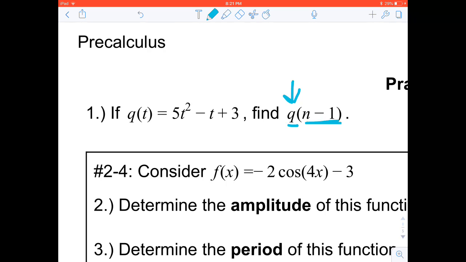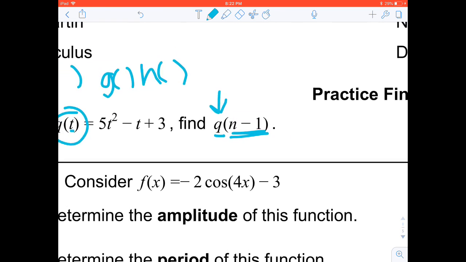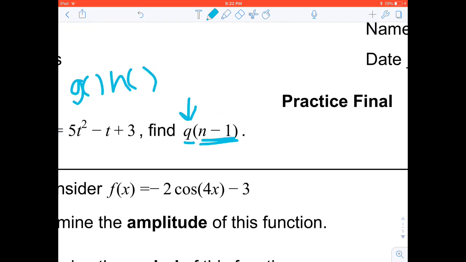So this function notation, you can have different names for different functions, and whatever is next to it in parentheses is the variable that you're plugging into it. So for example, here we have q of t, so the variable is t for the function q. This notation means plug in n minus 1 to the variable t. So every time I see a t, I'm going to change that into n minus 1.